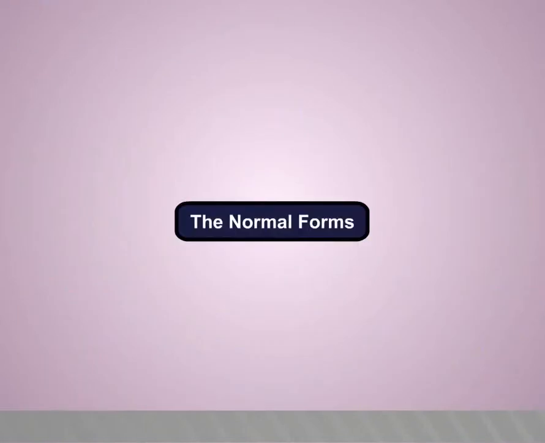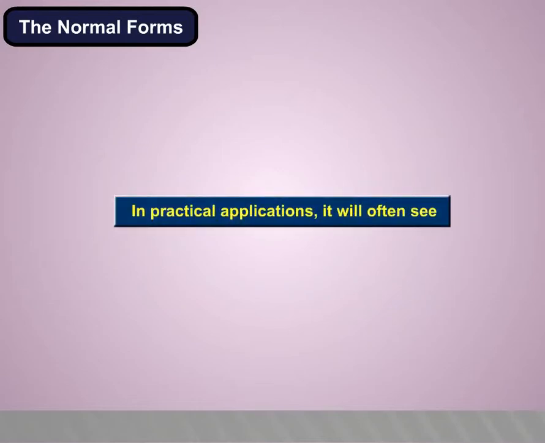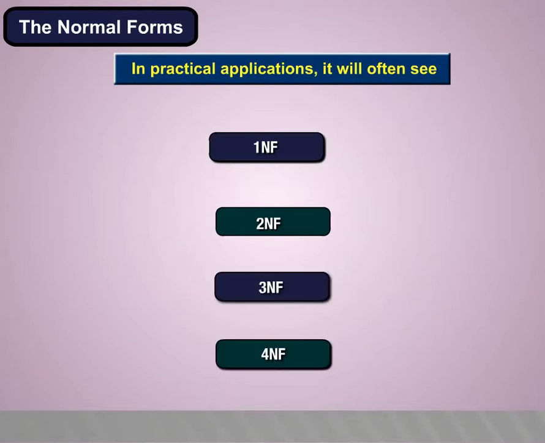The normal forms. The database community has developed a series of guidelines for ensuring that databases are normalized. In practical application, you will often see 1NF, 2NF, and 3NF along with the occasional 4NF.